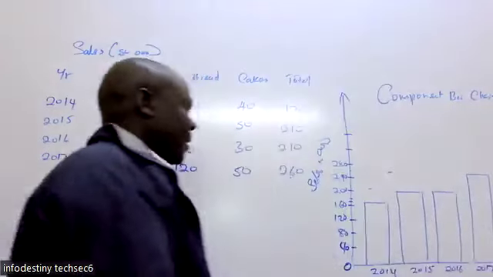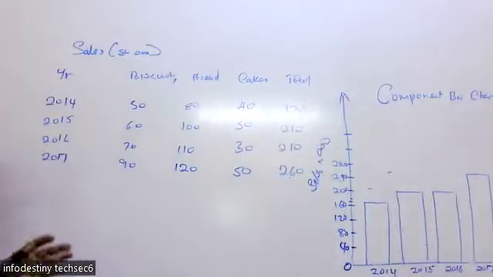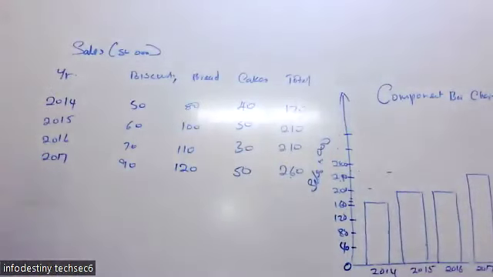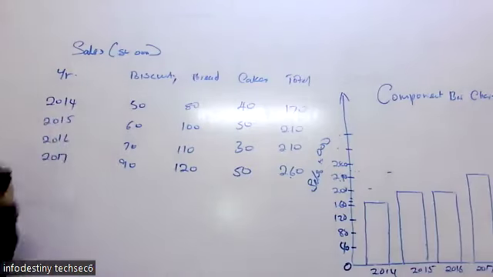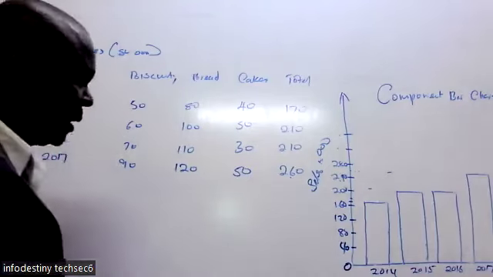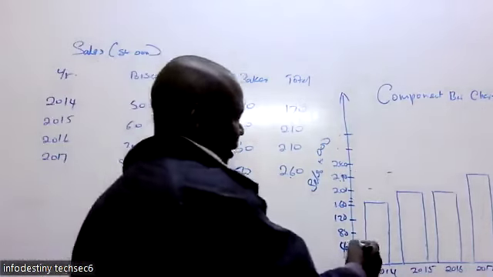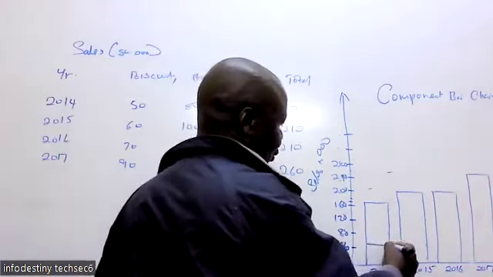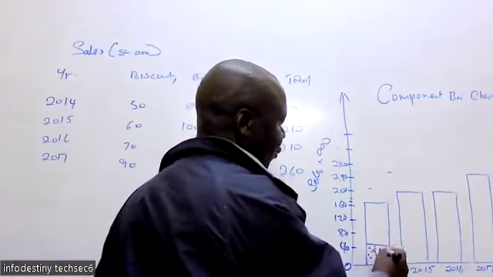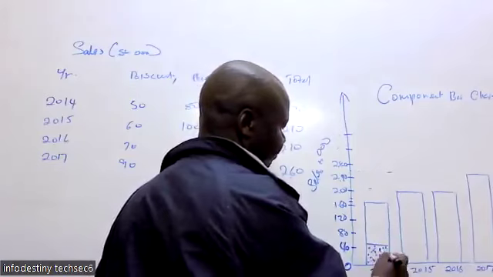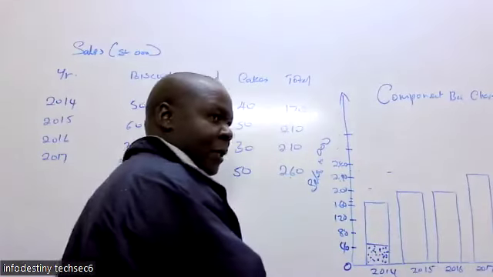Now, after that, we are going to have the bar for each product. So the first one, which is the biscuit 2014, is going to be 50. We go up to 50. 50 is somewhere there. So let's give it the shading by using the dotted. That is for biscuit. We are together.